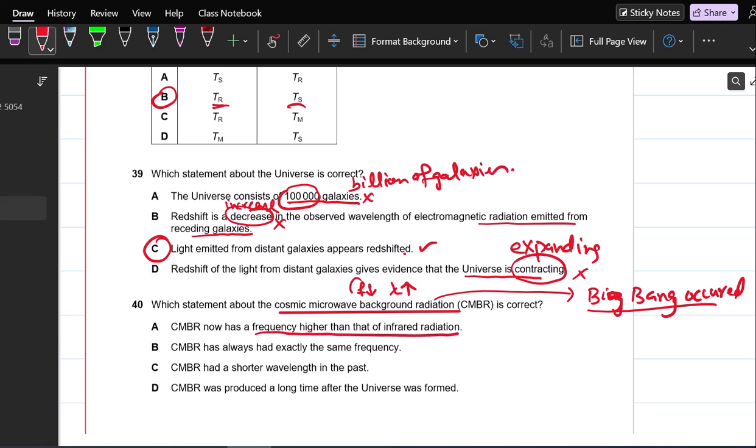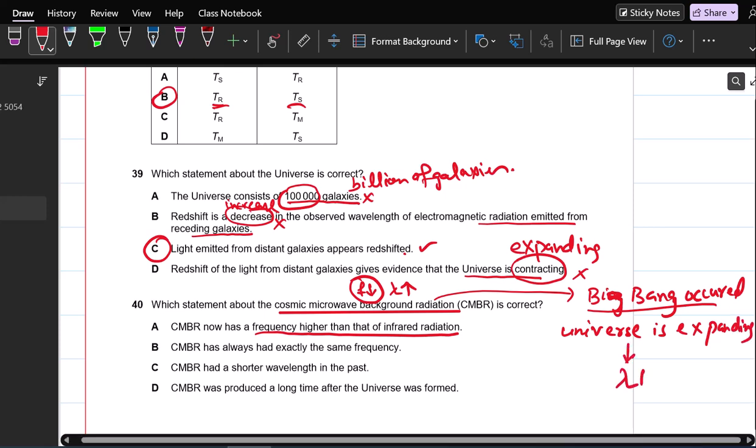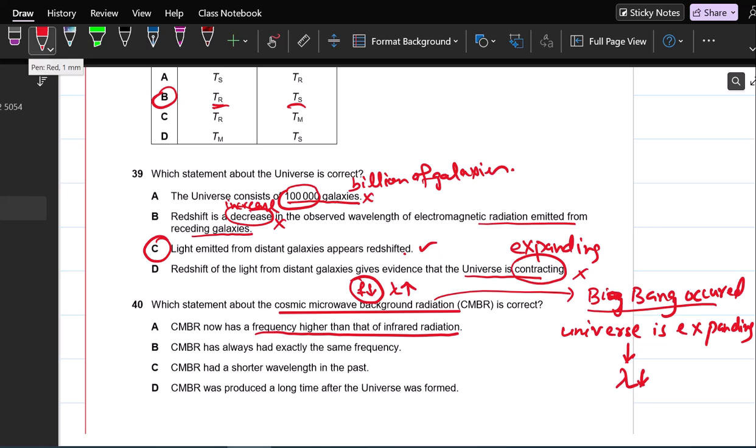No, its frequency is decreasing because the universe is expanding. If the universe is expanding, wavelength is increasing, distance is increasing. So wavelength will be greater, frequency will be smaller because v equals f lambda. If wavelength is increasing, frequency should be less.